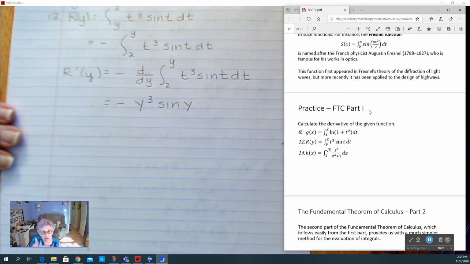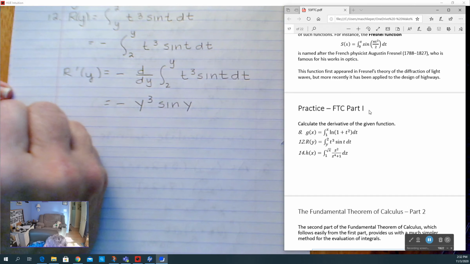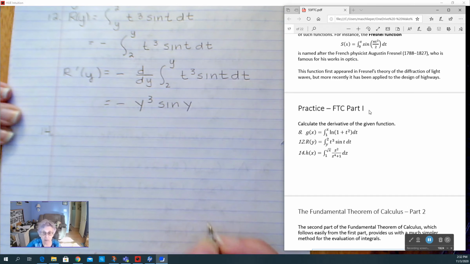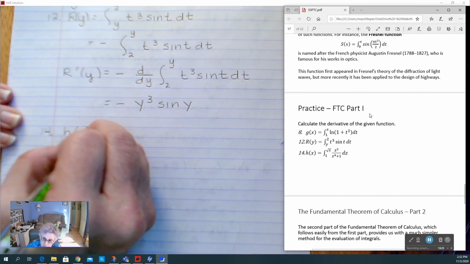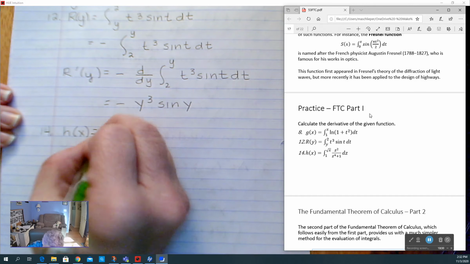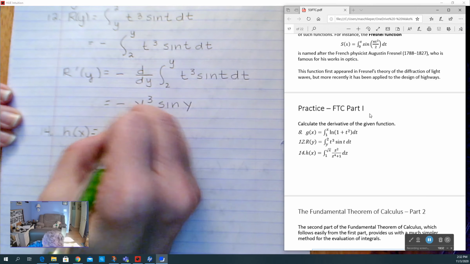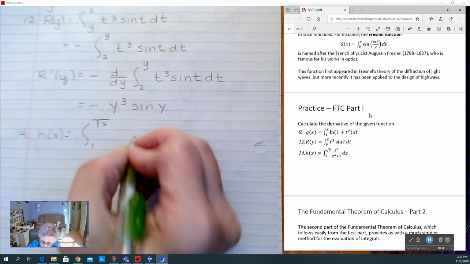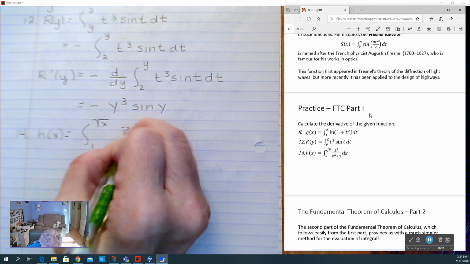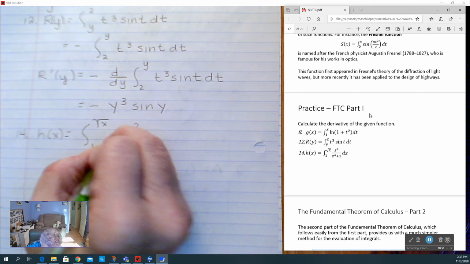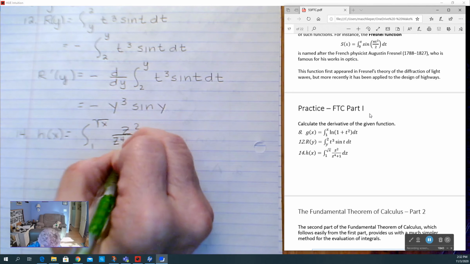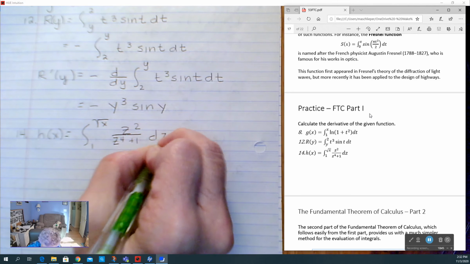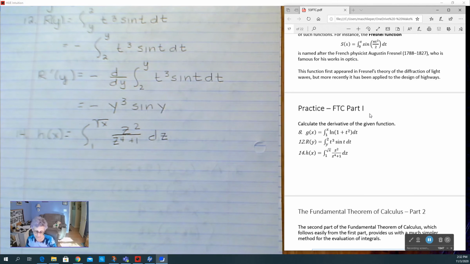Now, number 14, a little bit different. We don't have a plain old variable involved in h of x. We have the square root of x. And inside we're using z's because these are just dummy variables and we can use whatever dummy variable we want to.